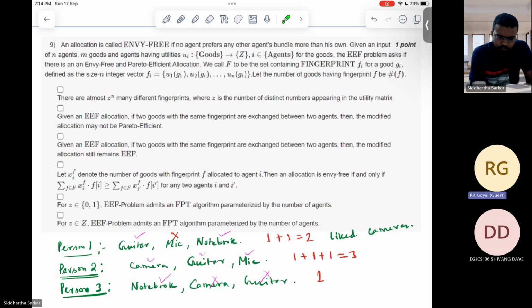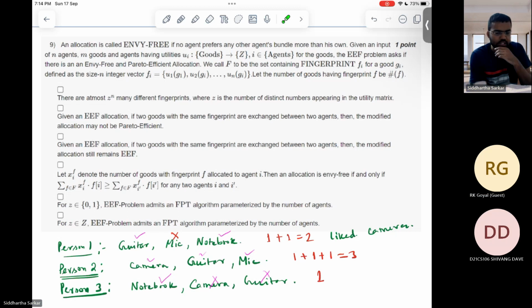There could be a possibility that in the allocation, which is the so-called optimal solution, person 1 may not be having a utility more than 2 in all the allocations, but then person 1 can always look for having some more utility. So I mean to say that if an allocation is not NV-free, it cannot be an optimal solution.